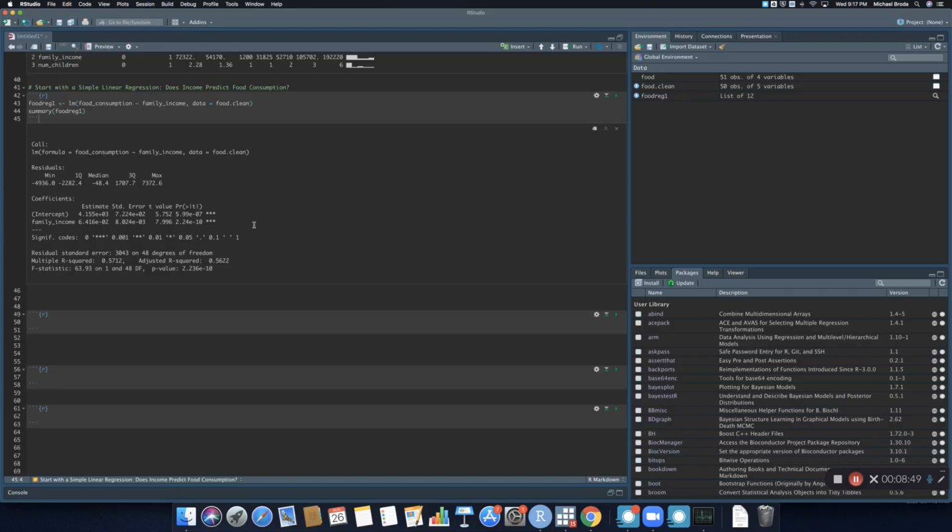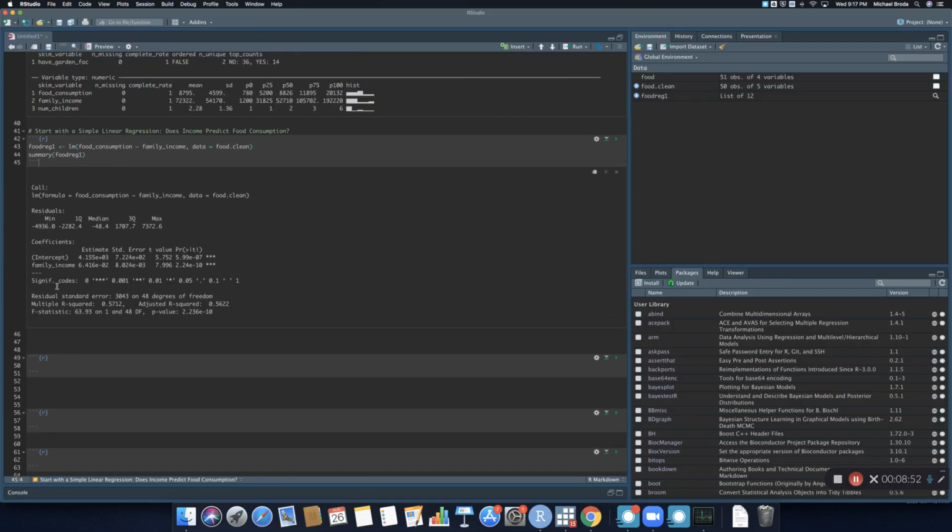So it's important to know the units of this stuff, right? So here, family income is measured in dollars. So a 1 unit increase in family income would be a $1 increase in family income. So as family income increases by $1, we would predict that the amount spent on food consumption, which is our outcome, would increase by about $0.06.